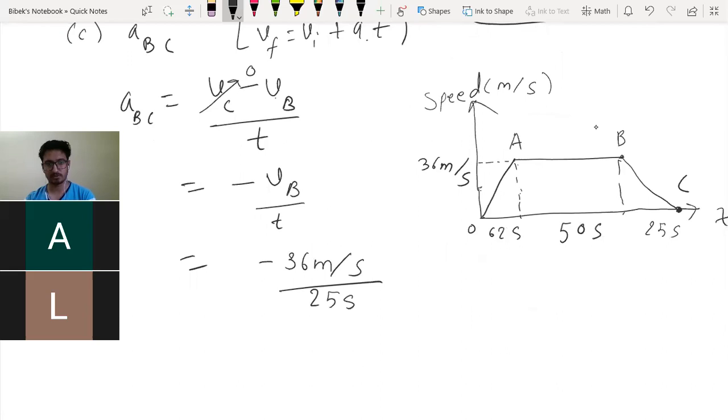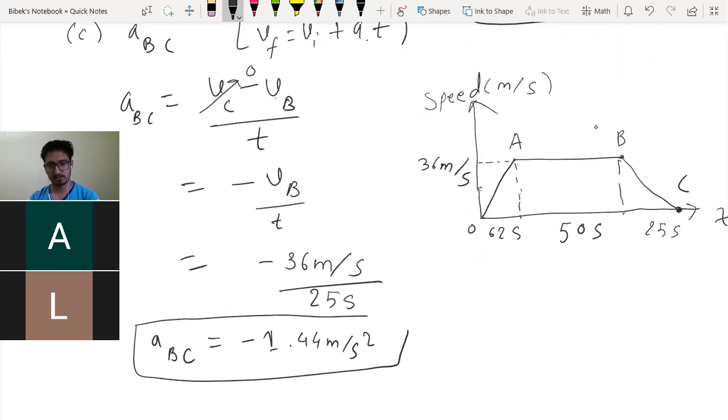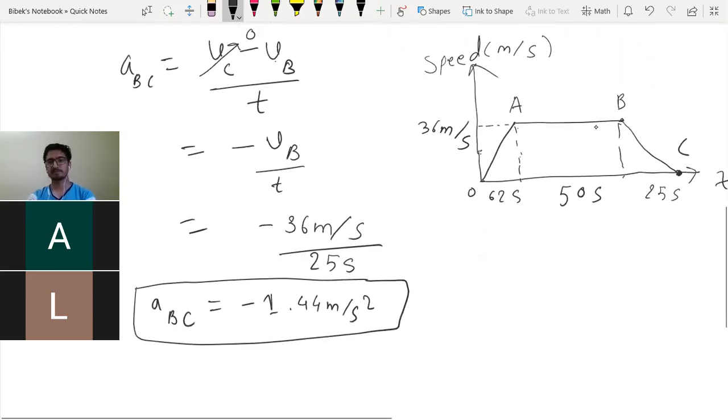That gives you about negative 1.44 meters per second squared. So that's your acceleration. And it makes sense that we are getting a negative acceleration because we are decelerating, right? Our speed must decrease with time. That's what the negative sign says.